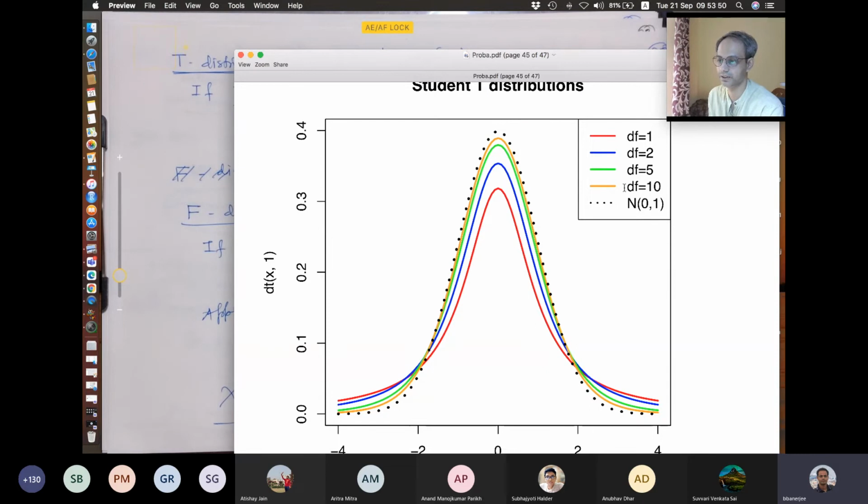You can see that with 10 there is this much gap, if you increase to 100 and 1000, it will almost overlap with this dotted line. And the probabilities will be the same up to 3 or 4 decimal places if you go for maybe 500 or 1000 degrees of freedom.